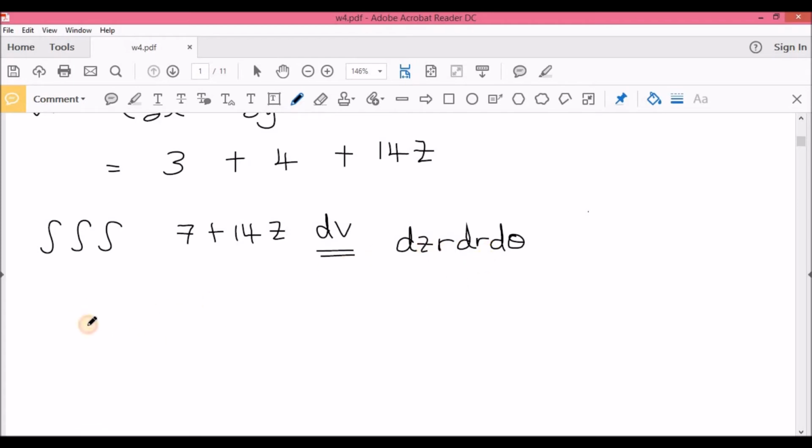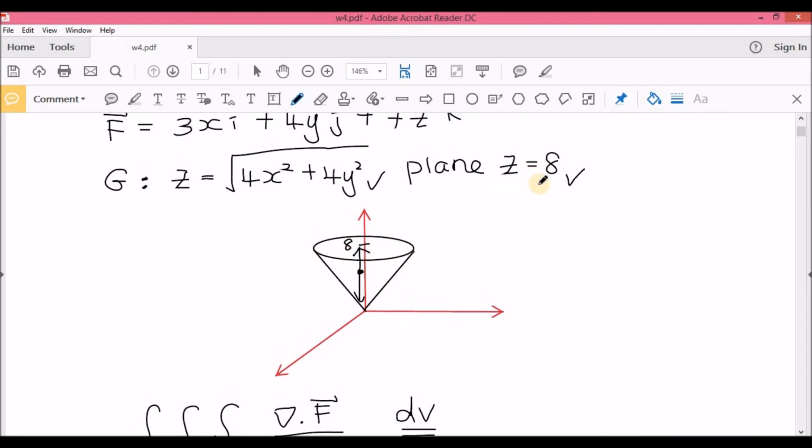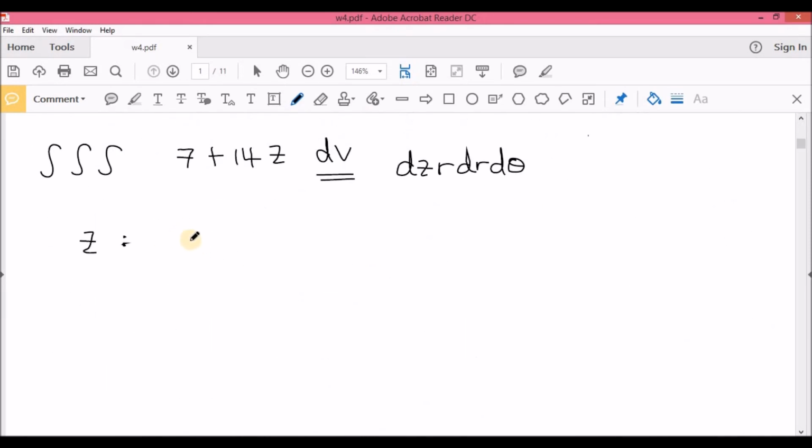For z, assume yourself inside the solid. When you look down, you see the cone, and when you look up, you see a flat surface at z equals 8. So z goes from the equation of the cone, the square root of 4x squared plus 4y squared, up to 8, the height.